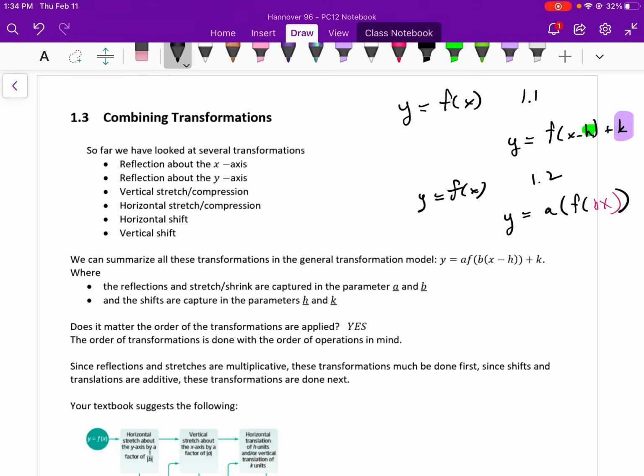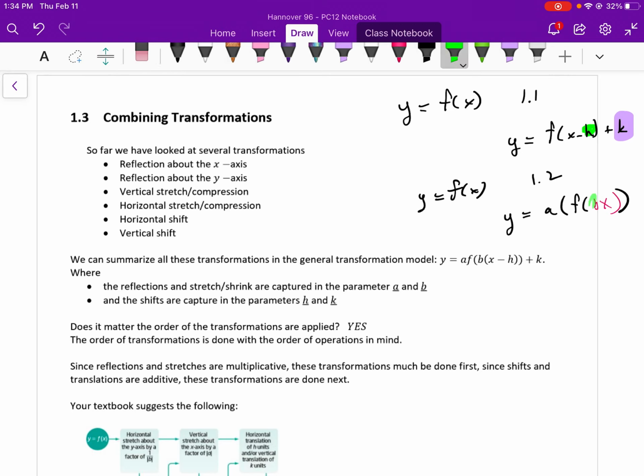If a was positive, we didn't reflect about the x-axis. If a was negative, we reflected about the x-axis. If the absolute value of a was not 1, we stretched vertically by a factor of a.